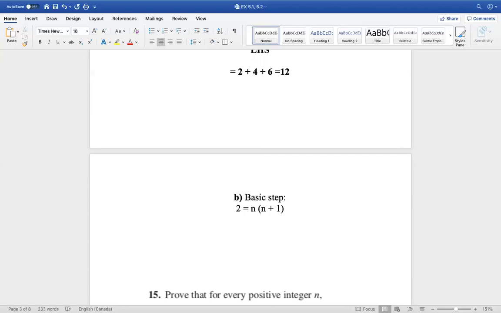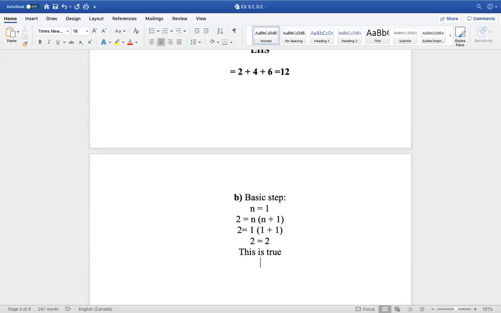And then we know that n here equals 1, because we're taking the first number, so 1 into 1 plus 1. So we found 2 equals 2. Hence, this is true. Okay, so our basic step is true.